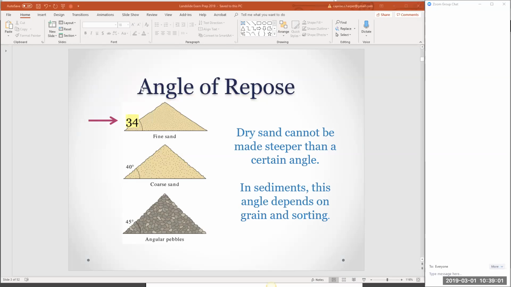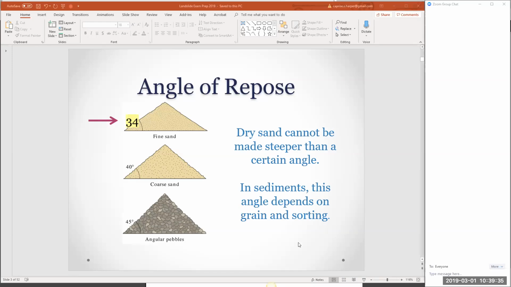In your reading, it talks about the angle of repose, and basically that just means there's a certain point where a slope becomes too steep. Anything above 34 degrees is a slope that is likely to slide at some point. It depends a little bit on the different types of material.